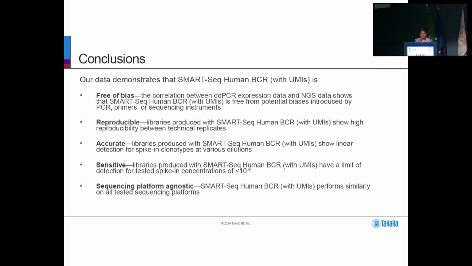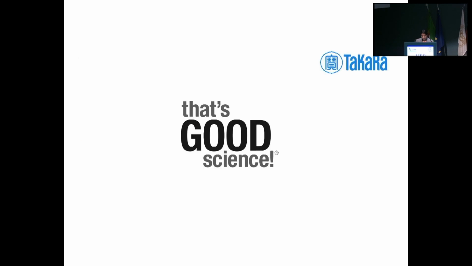There is good sensitivity with limit of detection less than 10 to the power minus 6, or we can increase it even further by increasing the input. And the assay is agnostic to the sequencing platforms, so we do not see any change in the sensitivity or accuracy as we move from one instrument to another. With this, I would say that's good science, and if you have any questions, I will be happy to answer those.